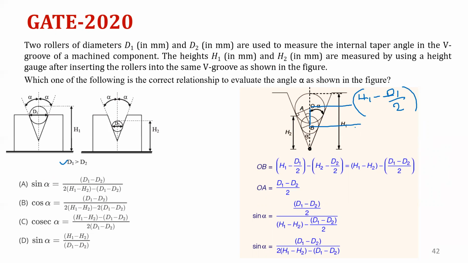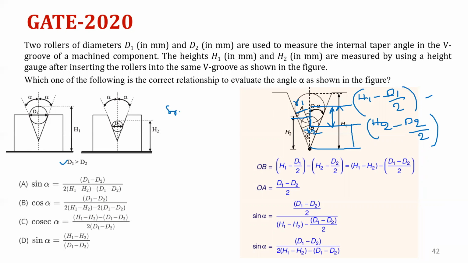Next, we want this height. You have to subtract it. What is this height? Up to this is H2, H2 minus D2 by 2. H1 minus D1 by 2 minus H2 minus D2 by 2 is OB. And this is radius R1, this is R2. R1 minus R2 is D1 by 2 minus D2 by 2.